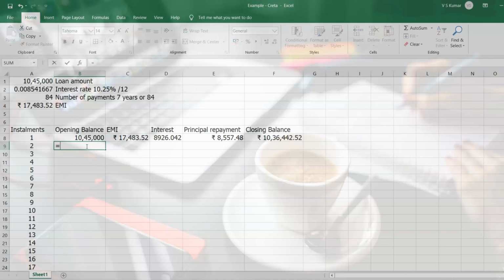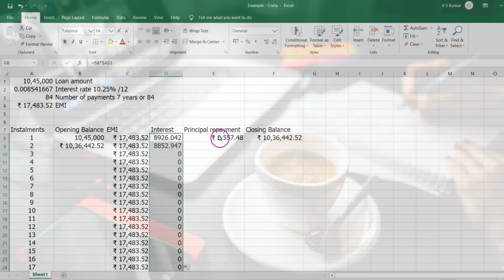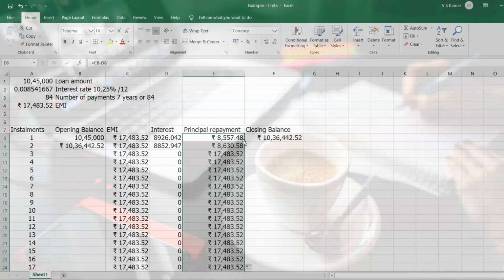This will become the opening balance for the second installment, so I'm just copying it. EMI remains the same. Interest method remains the same. Principal repayment is the difference, EMI minus interest.